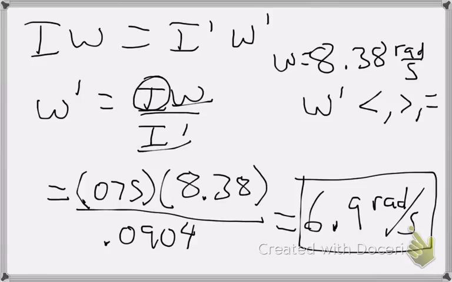Well, in this case, we have something that's rotating at a certain speed, and I added weight to it. I added more mass. And it turns out, for the momentum to be conserved, it has to slow down because the mass increased, so the velocity had to decrease. But in this case, it's rotating, so the moment of inertia increased, so the angular velocity had to decrease. So it was less than what we had before.